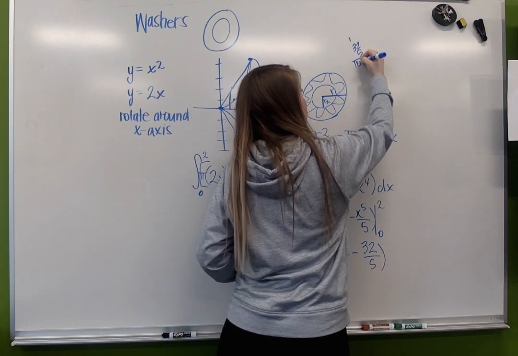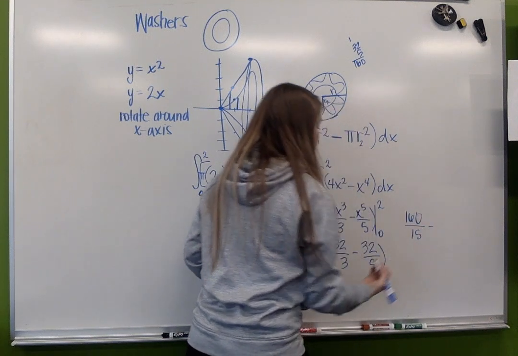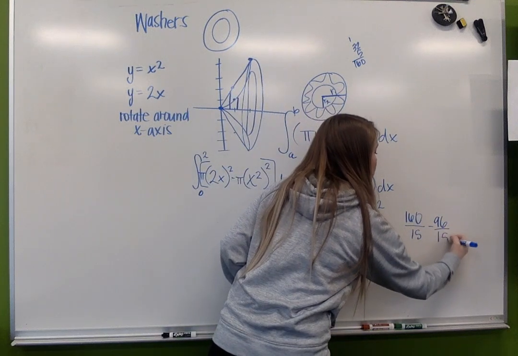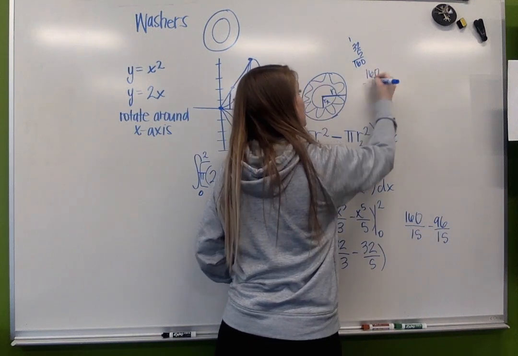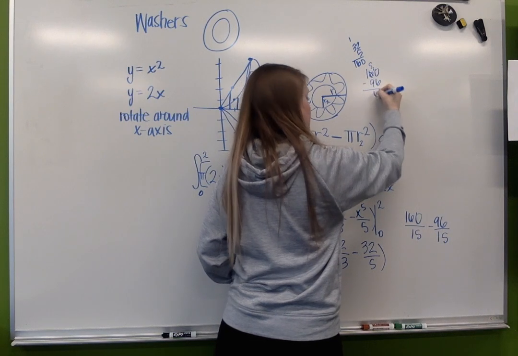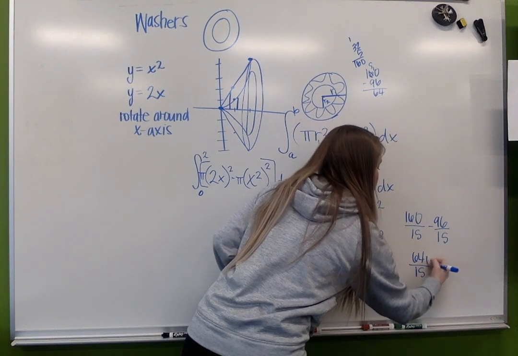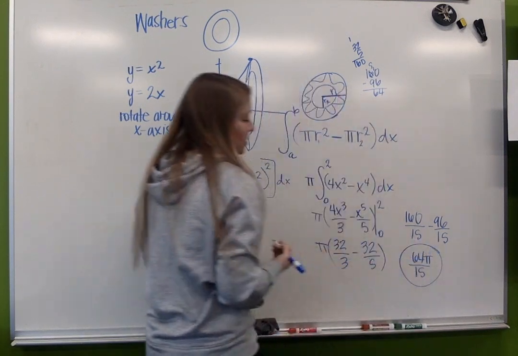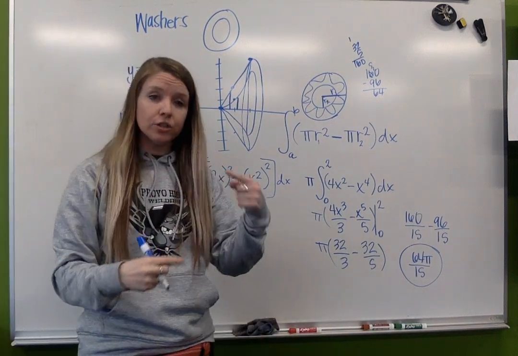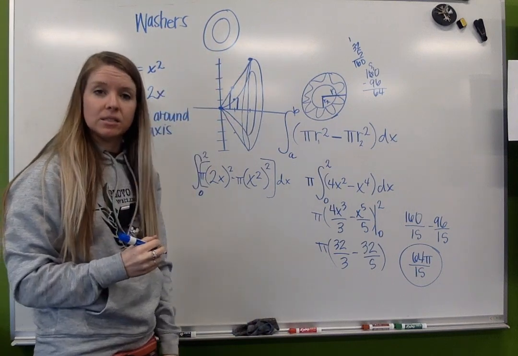Tried to do it in my head, didn't work. So that's 160 over 15. 32 times 3 is 96. So 160 minus 96. That's going to give me 64 15ths times pi. So that's the volume of this area rotated around the x-axis.